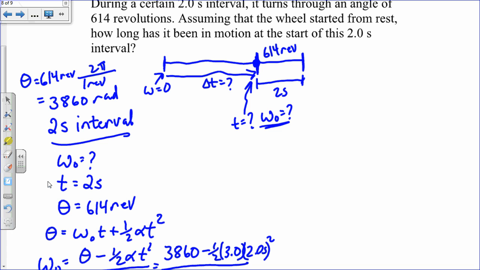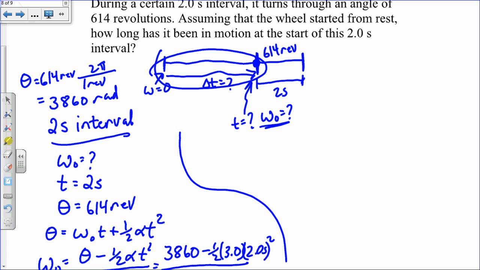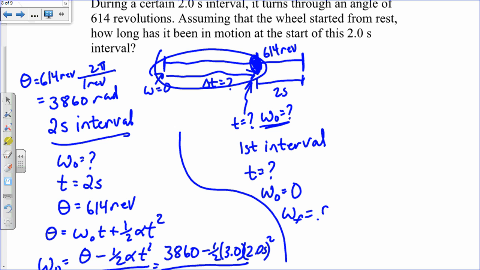Now this is a more basic problem. I'm going to consider this first interval of time. For that interval, I don't know what the time is, but I know that omega naught equals 0. I know that omega final, the omega at this point right here, is 1927. I just found that. And I know alpha equals 3. So now this becomes a pretty simple problem. I just want to know time.